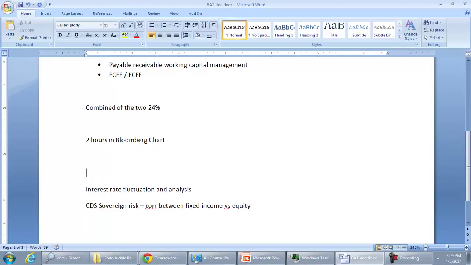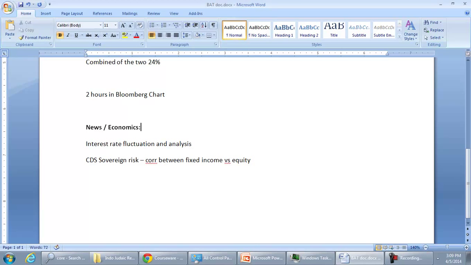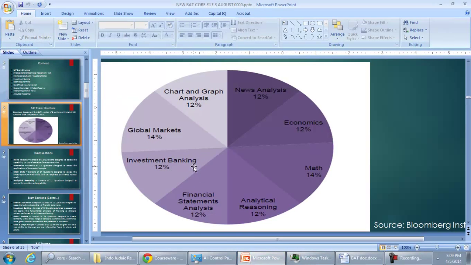So this comes under more or less news and economics. So this has got less to do with the equity valuation. So this would be our main focus in the fixed income part.